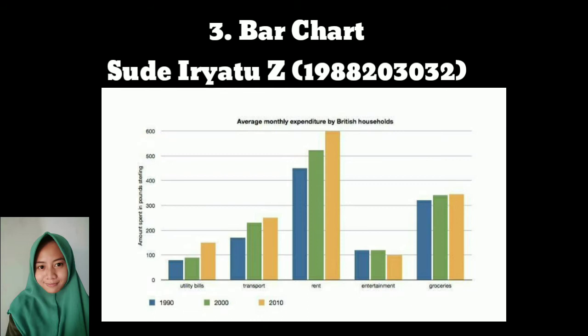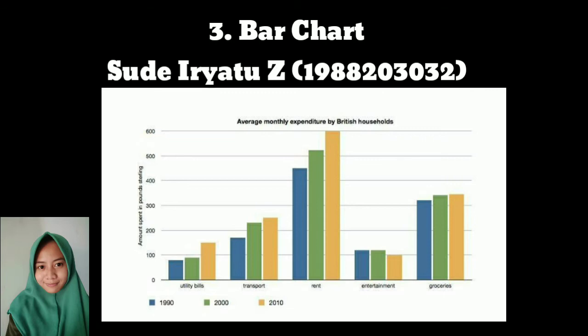In 1990, the British spent almost $450 on rent, increased by 200 in 2010, which was double the money spent on groceries in 2010.